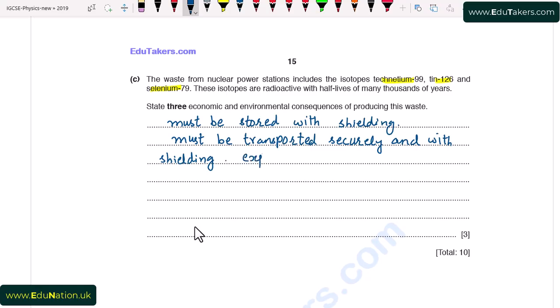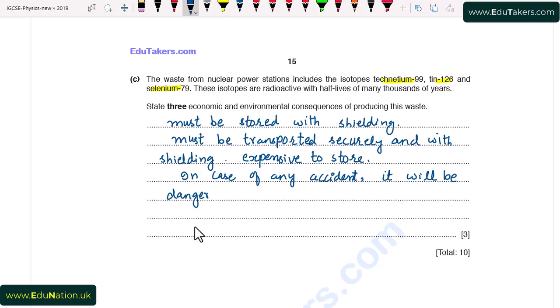And these are expensive to store. Third one is that in case of any accident, it will be dangerous to people as it emits radioactive radiation.